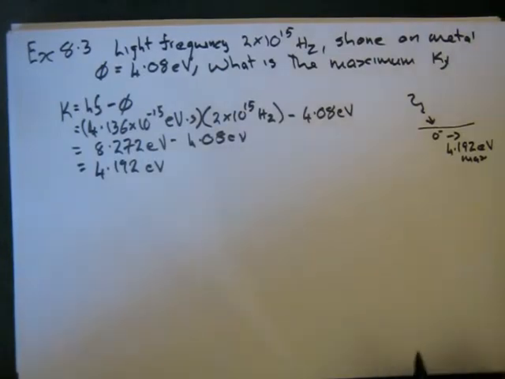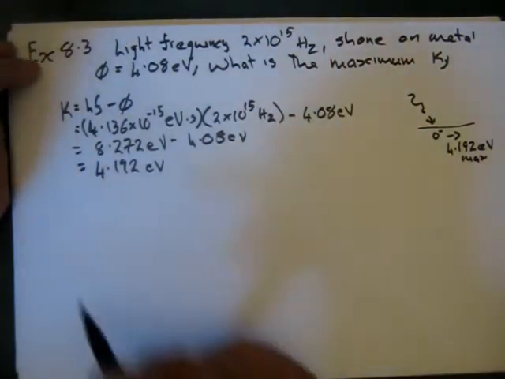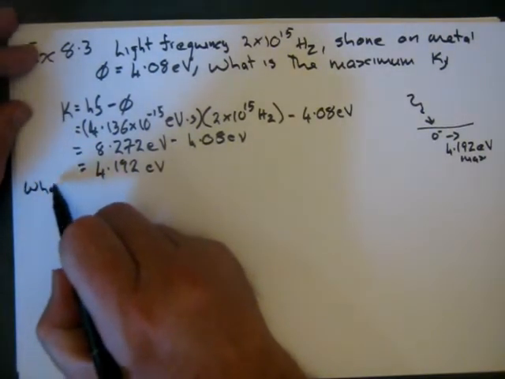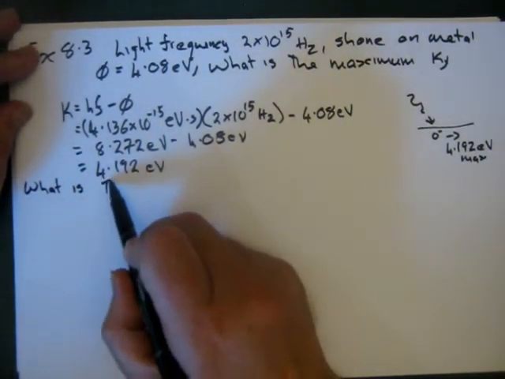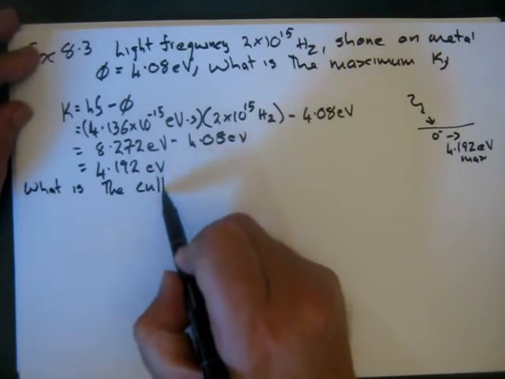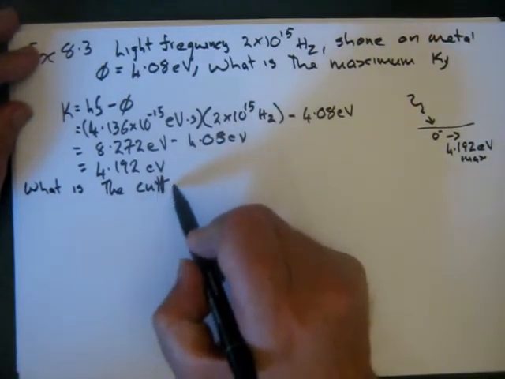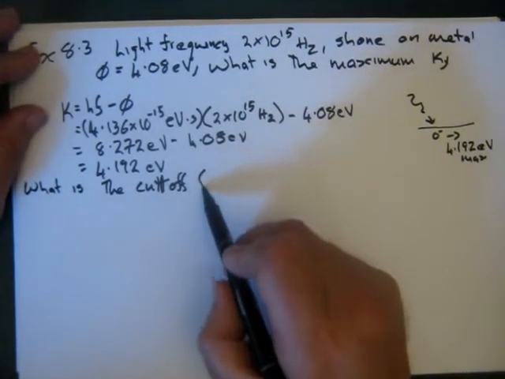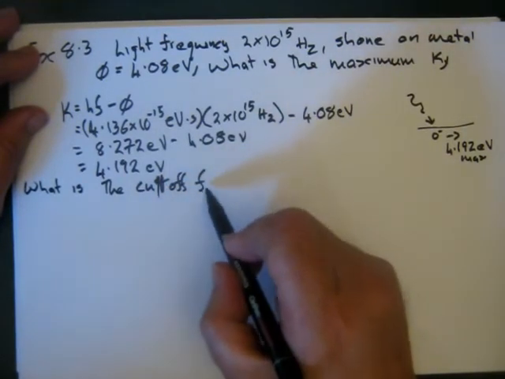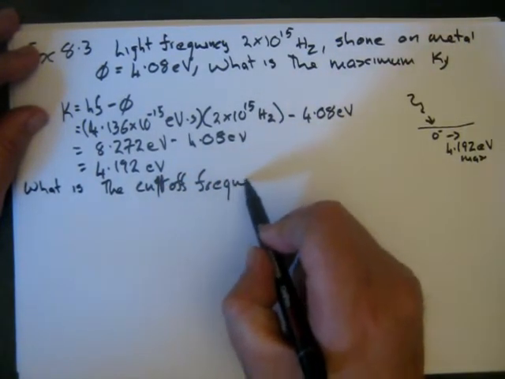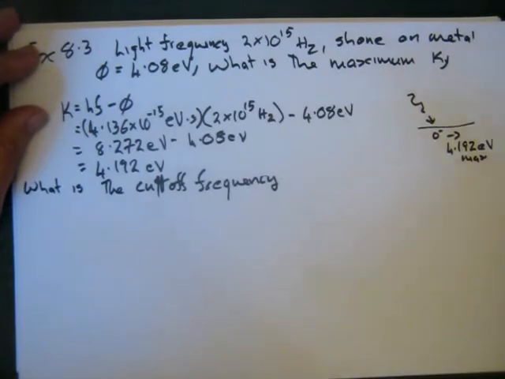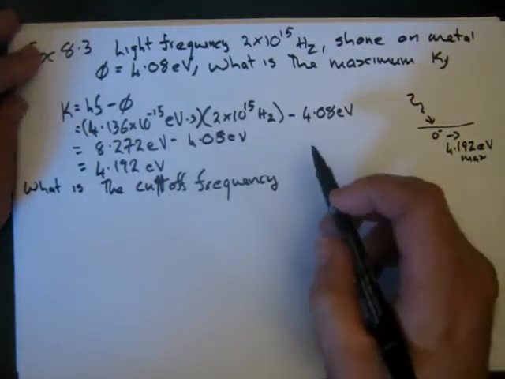Cool. So the next question is, what is the cutoff frequency? The cutoff frequency is the lowest frequency that will knock an electron off.